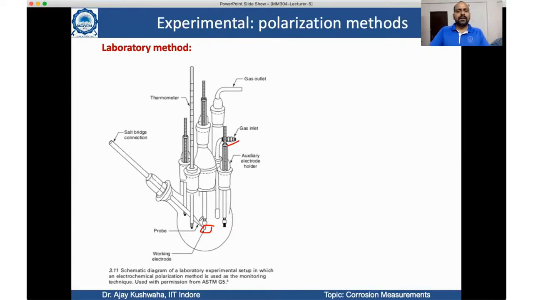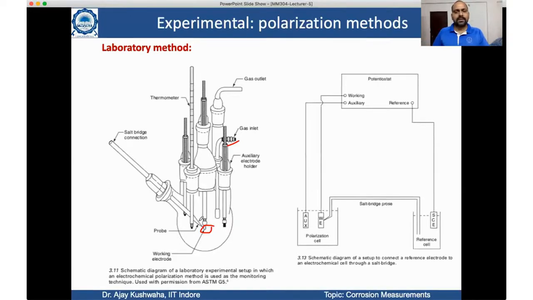But ideally if we draw a typical diagram, it will look like this. Let's say we have a potentiostat by which we are able to apply a defined value of current and measure the change in voltage or potential. So the system is something like that.